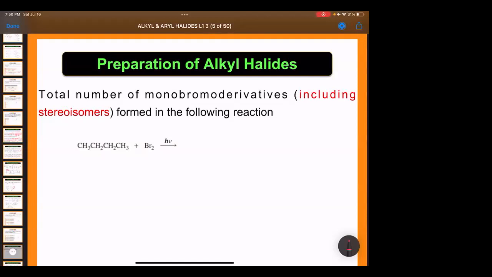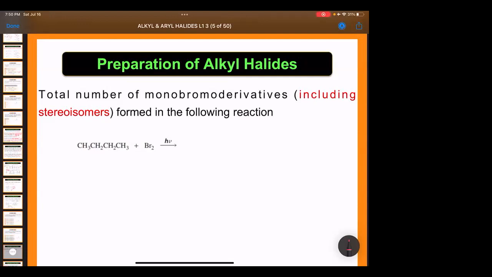So stereoisomers. What are stereoisomers? First of all, don't jump. No matter how difficult the question is, whether it is from advanced, I always say to my students, it will be there in the inorganic also, don't jump directly to stereoisomers, which I will explain. First, write the structural isomers which can form.